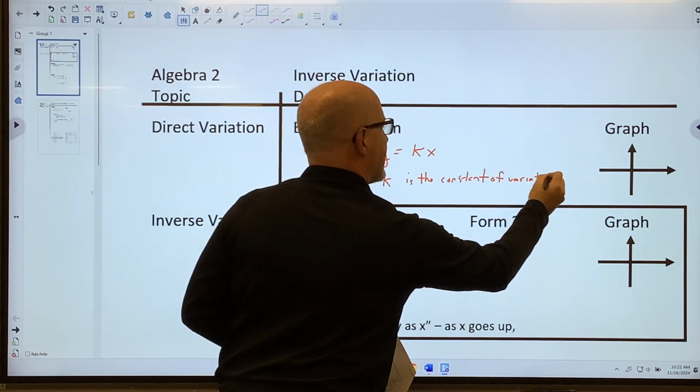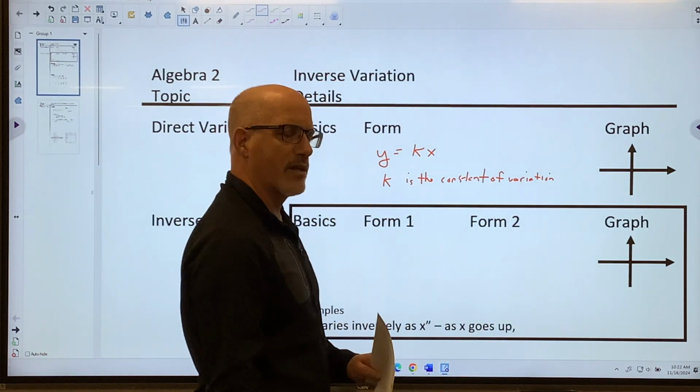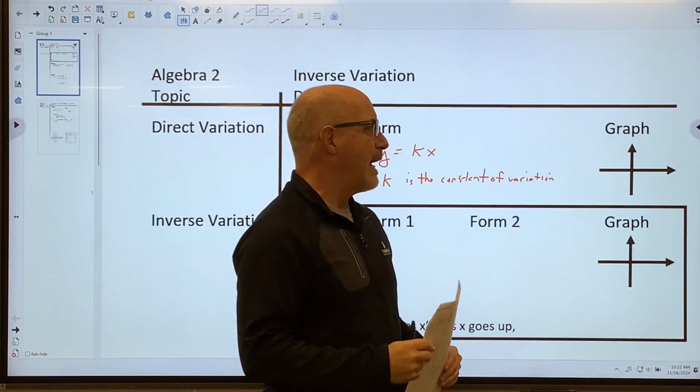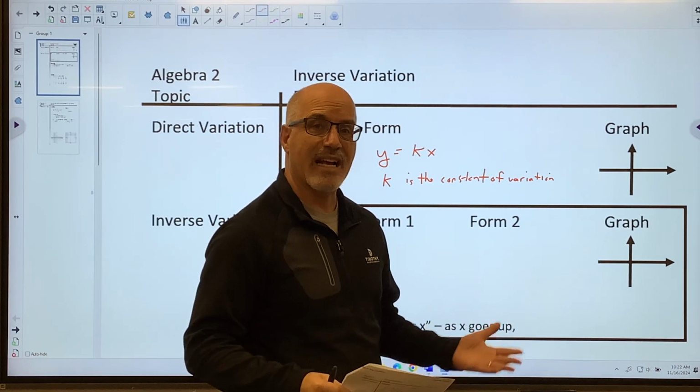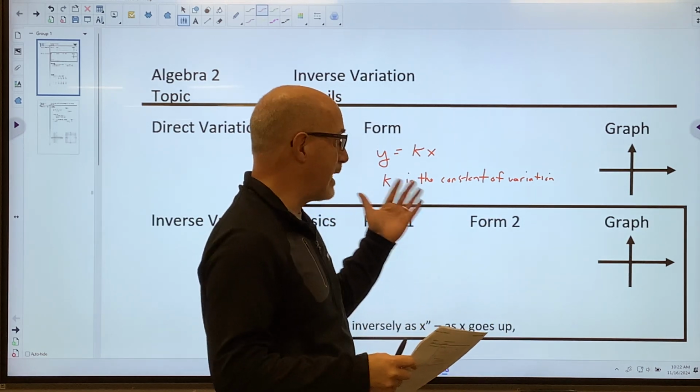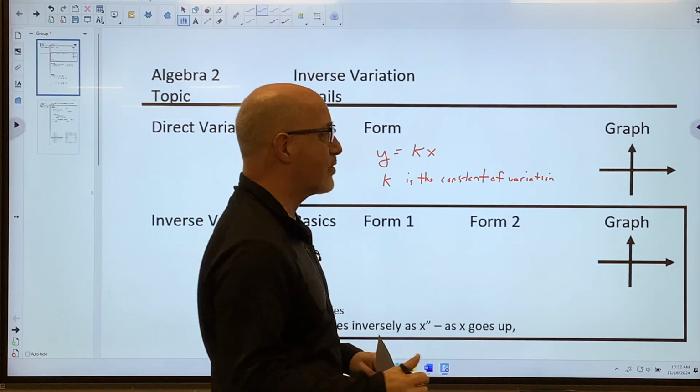If k is positive, as x goes up, the y will go up at that constant rate, the rate that the slope outlines for us in the problem.